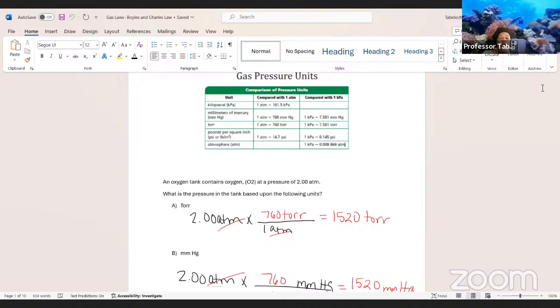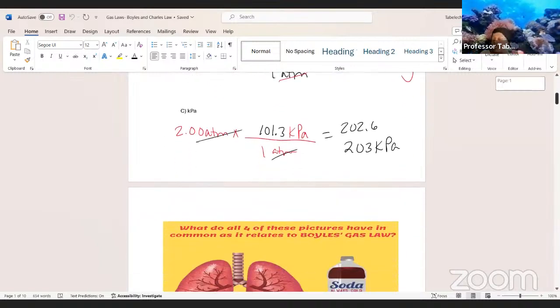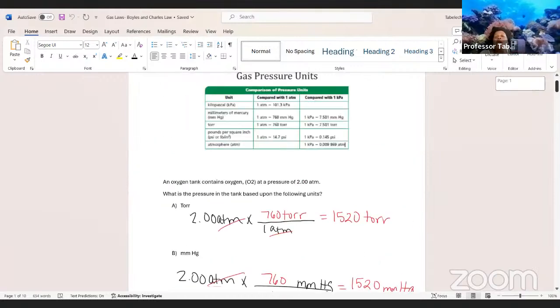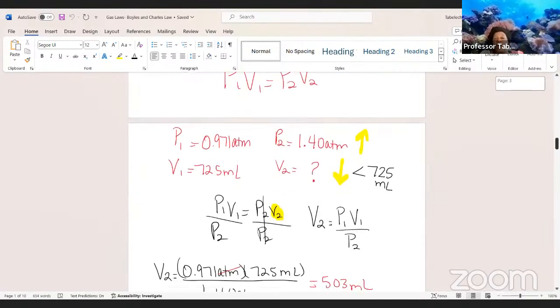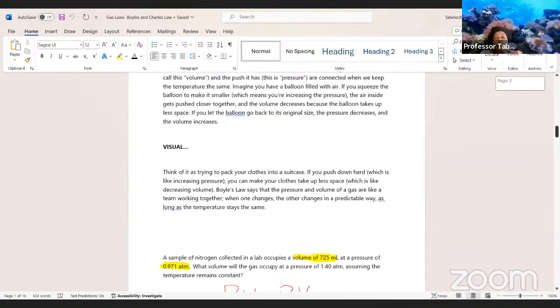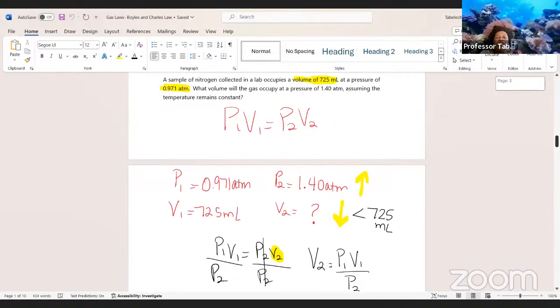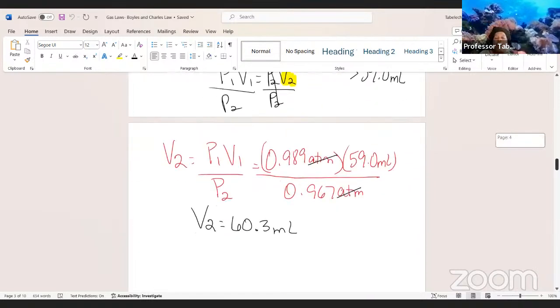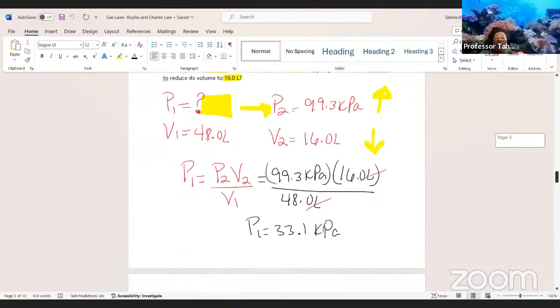Now, as I go through these rules with you all, the gas laws, we know that with Boyle's law, so let me scroll down here. Boyle's law deals with pressure and volume. And just to recap, they are inversely proportional to each other. That means if one goes up, the other one will go down. The typical graph for Boyle's law is a curve.